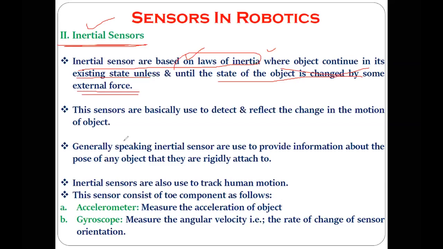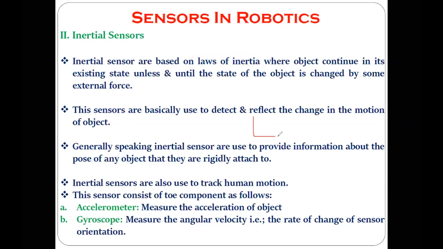In your smartphone, you must have observed, when you are watching a video in vertical direction, as soon as you move your smartphone in horizontal direction like this, your video resolution changes automatically and you can see the full screen video. Yes or no? Yes, sir.